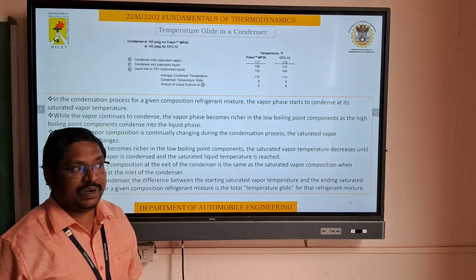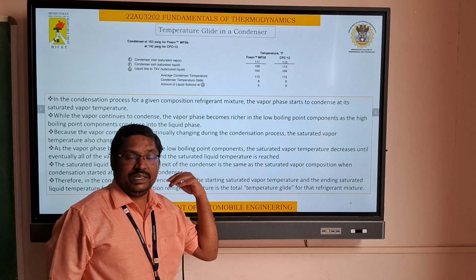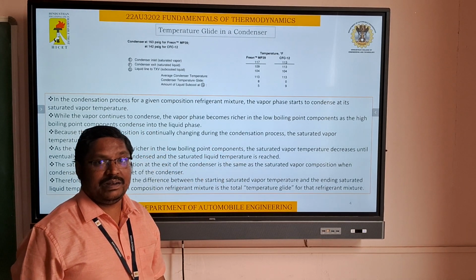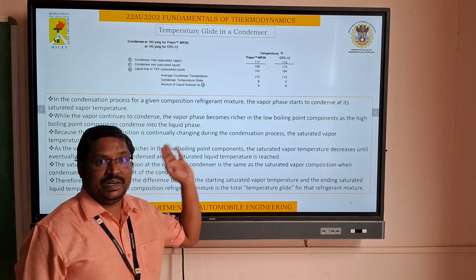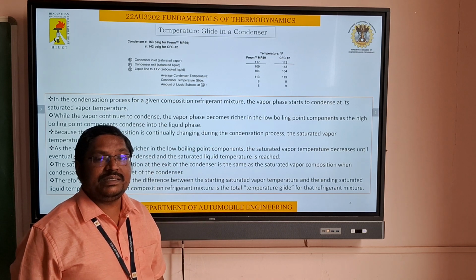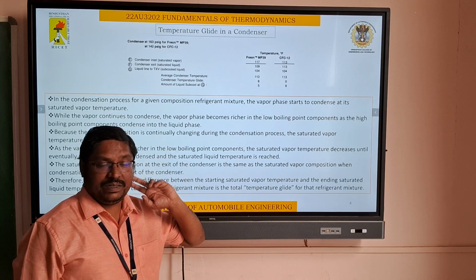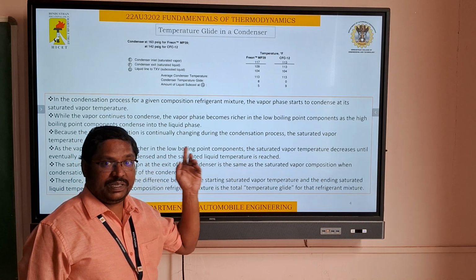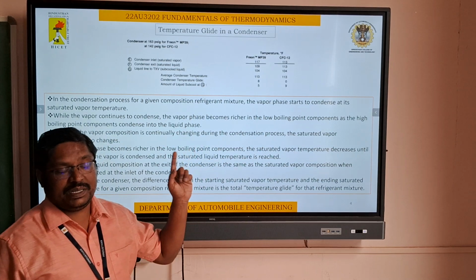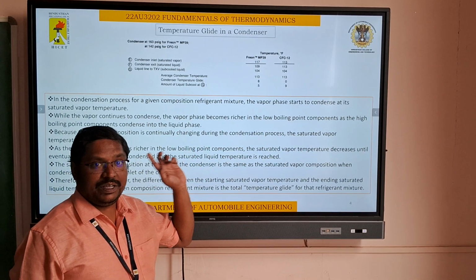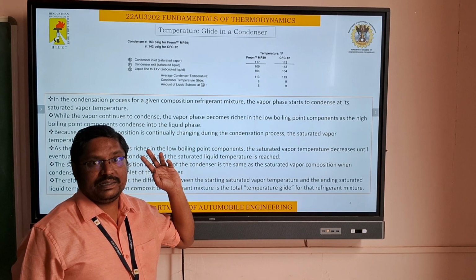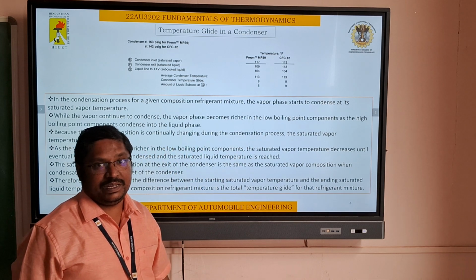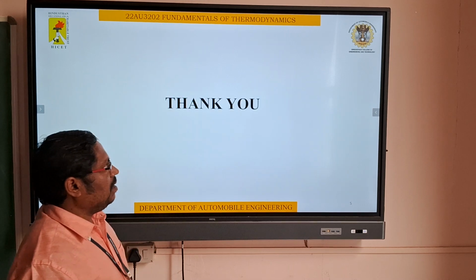But in a single component, we don't have the heat transfer at a constant rate. We have some different variations if we are using solar. But coming to the two phase, that means the zeotropic mixture, it will give very good heat transfer, and it will give so many benefits compared to the different applications. Thank you.